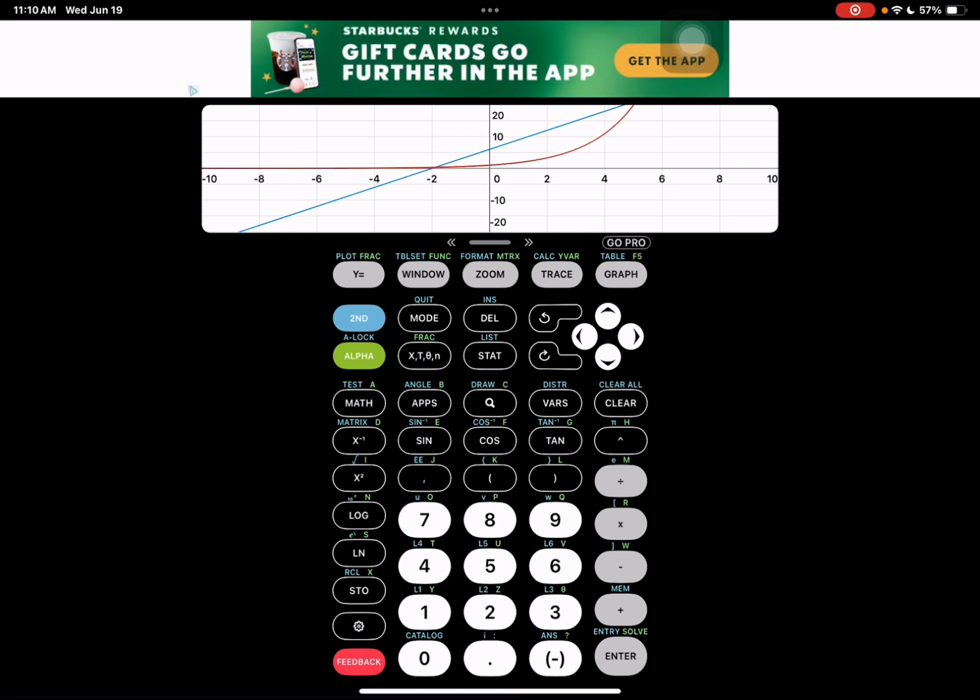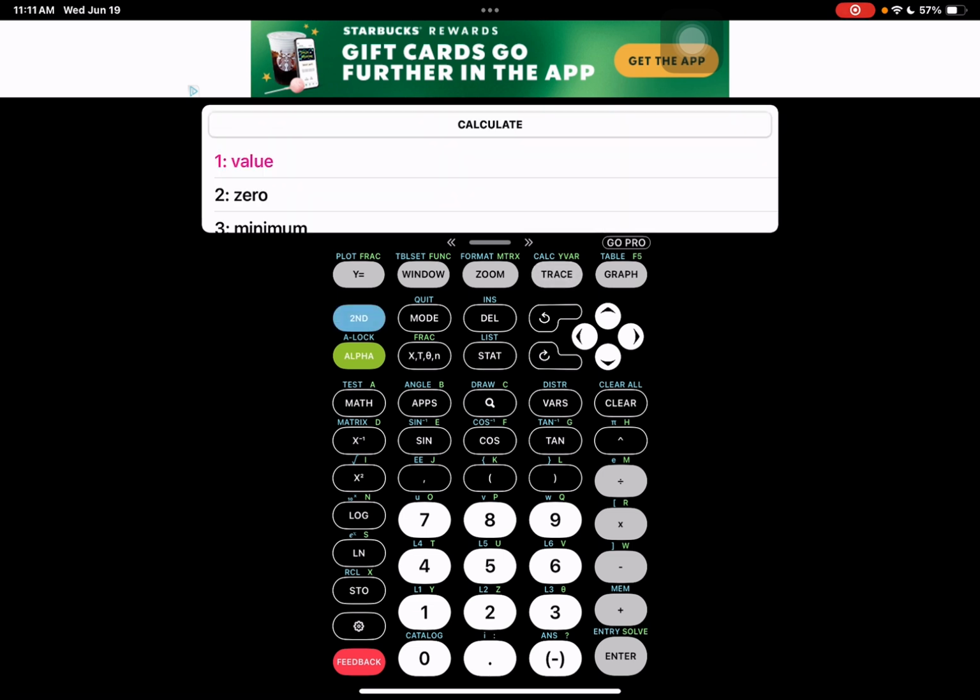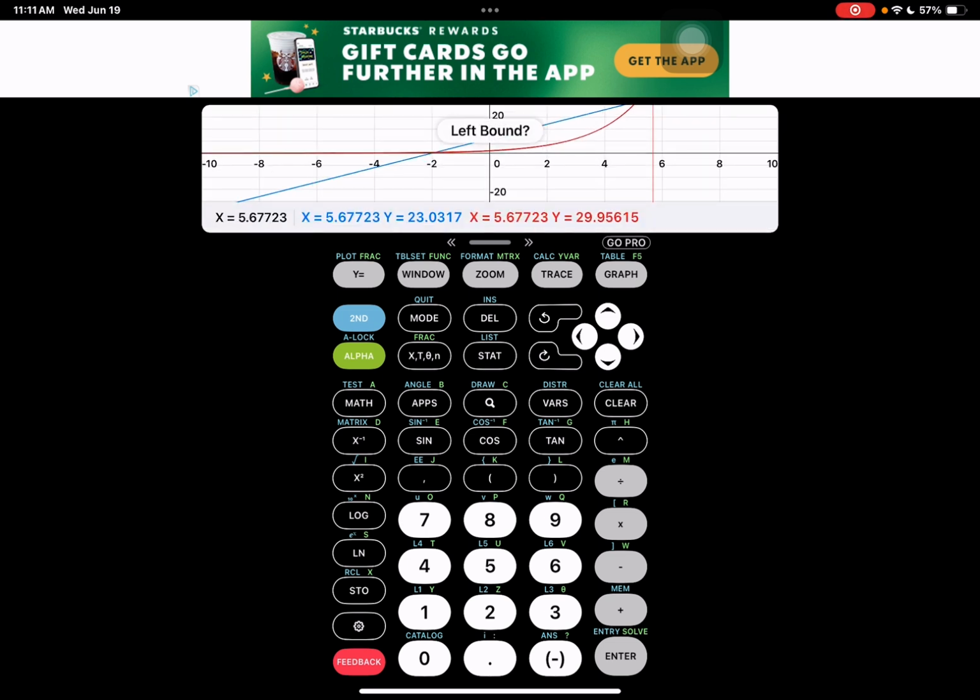So you know it can't be this negative number, so you go second, calc, and do the intersection. Now, move that little cursor. See, I have my cursor all the way up here. When you get yours, it's going to be down here somewhere, closer to this.